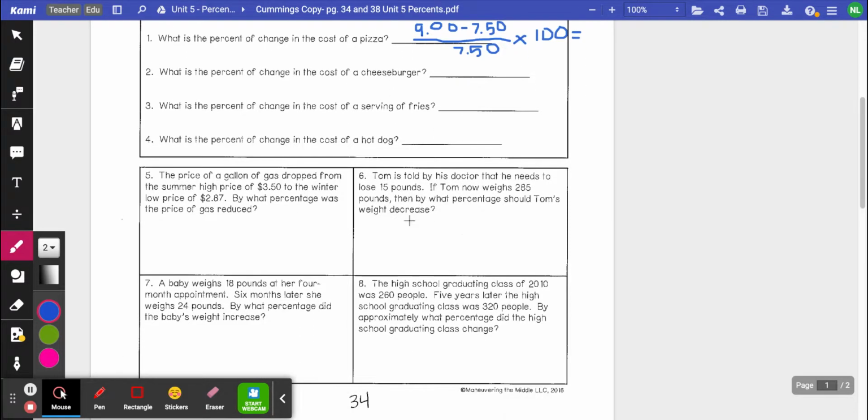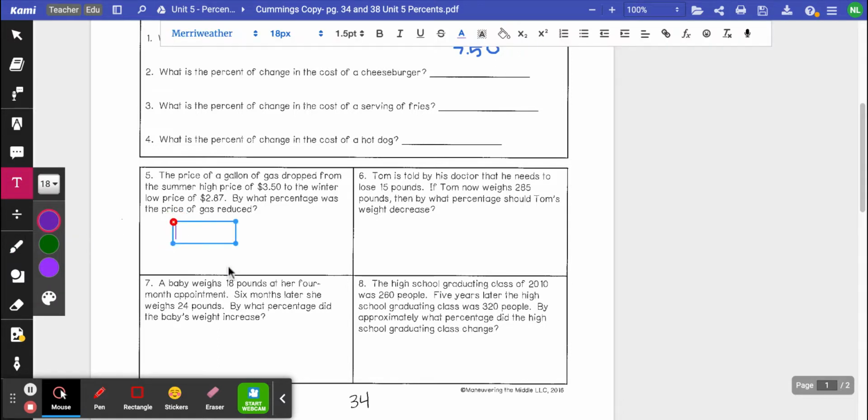I'm going to read you the question, and I'll do number 5 with you. It says the price of a gallon of gas dropped from the summer high price of $3.50 to the winter low price of $2.87. By what percentage was the price of gas reduced? So for that one, you're saying $3.50 and you're subtracting $2.87.